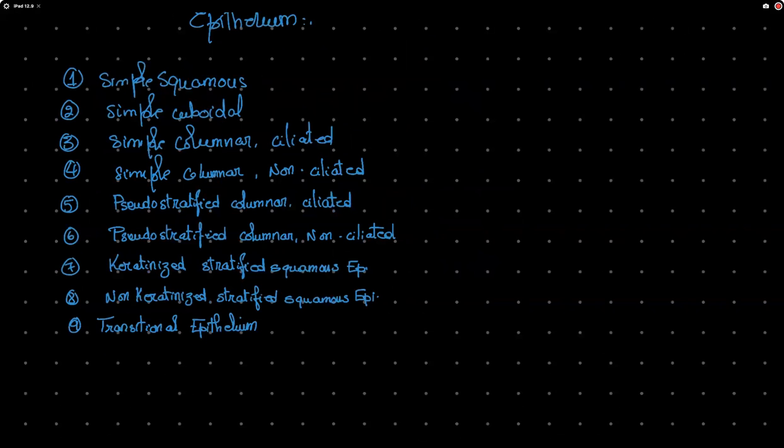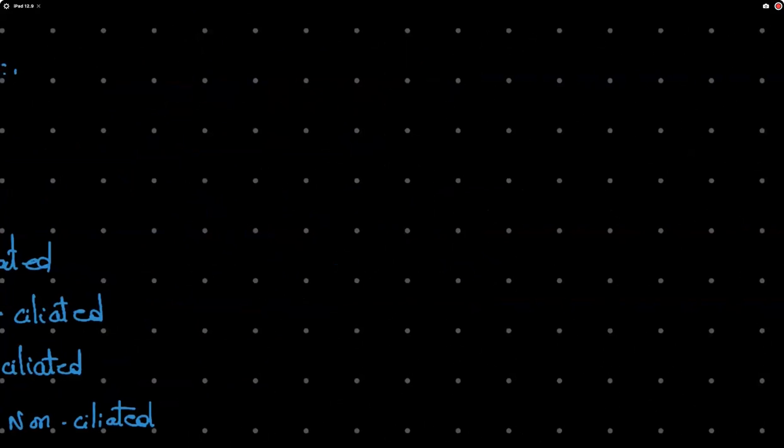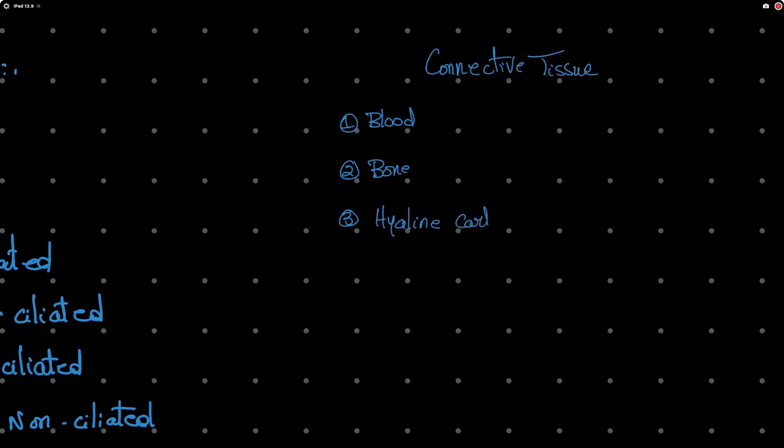What are the possible connective tissues that you can see? I can see blood, bone, or osseous tissue. I can see hyaline cartilage, elastic cartilage, fibrocartilage.